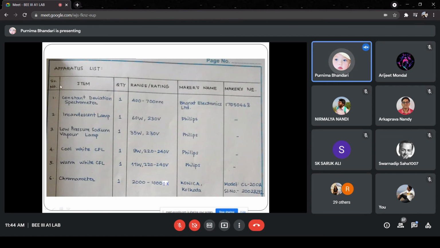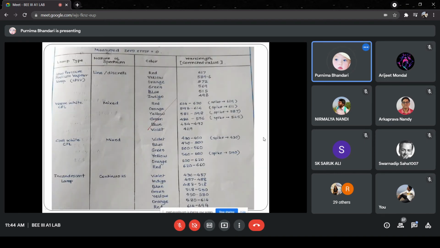So this is a sample item. You can see this is the instrument we have used in our lab, and one result it is showing. The measurement will vary when there are different groups; different groups will get different results because of their visual response. Here they have measured zero error.